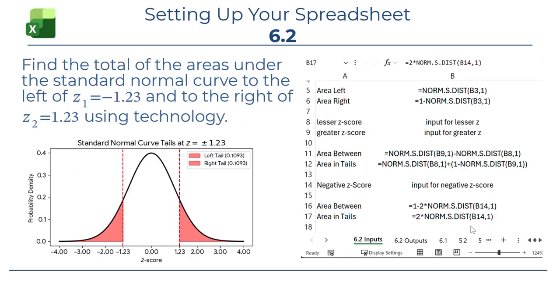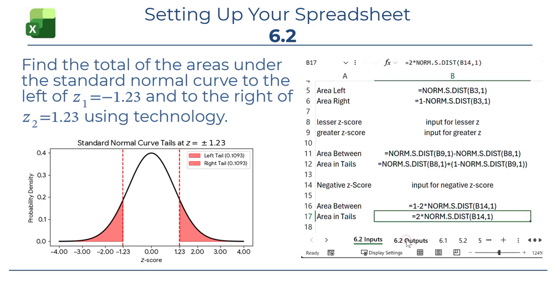We'll finish up our spreadsheet for 6.2 with an input for our negative z-score, and then area between is 1 minus 2 times NORM.S.DIST(negative z-score, 1), and the area in the tails is 2 times NORM.S.DIST(B14, or negative z-score, 1).